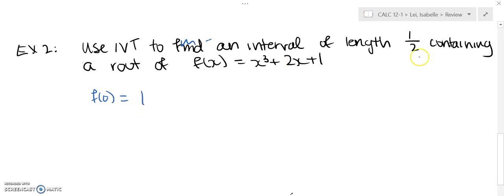And because we need to have the length of a half, let's go down by a half, so negative a half. If we plug negative a half into it, that would be negative 1 over 8. So that's in the negative y, and then this has a positive y.